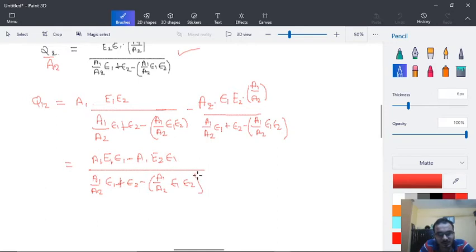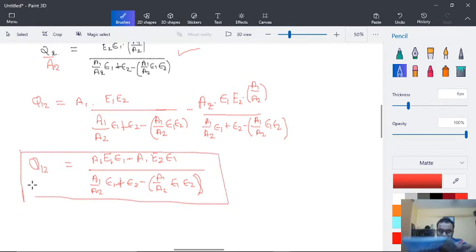This is the value of Q1 to 2 that we are getting.